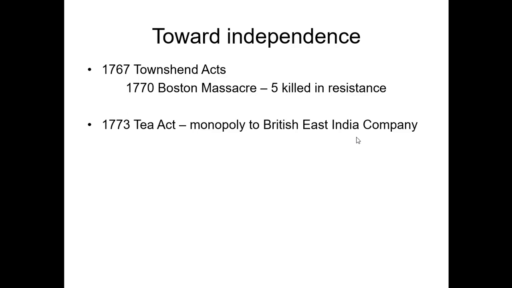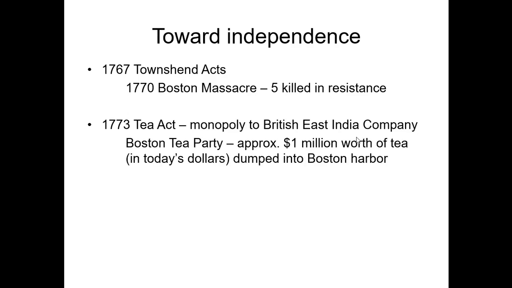Then the 1773 Tea Act essentially gave a monopoly on the tea trade to the British East India Company. That resulted in another protest, the Boston Tea Party, in which about $1 million worth of tea in today's dollars was dumped into Boston harbor, and that led to retaliation by the British with even more coercive acts that literally had a little more military intervention.